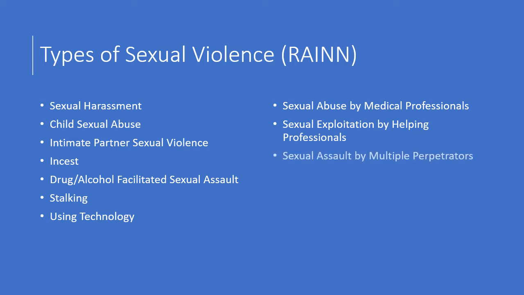Sexual exploitation by helping professionals, such as therapists, people who are assaulted by multiple perpetrators, such as in gang rapes. Elder abuse can sometimes take a sexual form, and sexual abuse of people with disabilities is often a really hidden form of sexual violence. People with cognitive disabilities, intellectual disabilities, are at particular risk of being sexually abused.